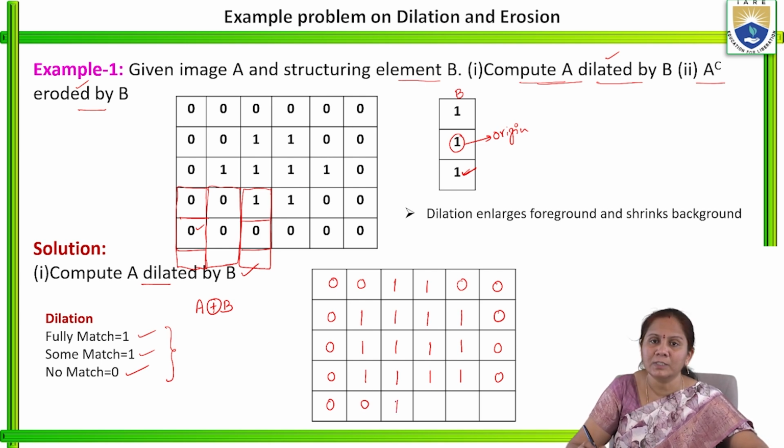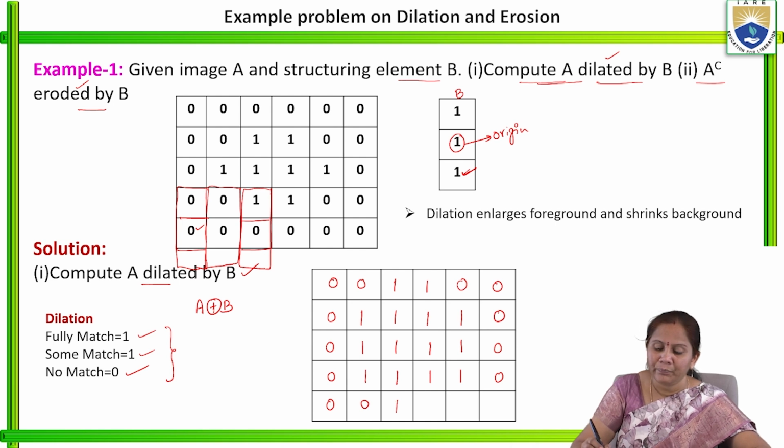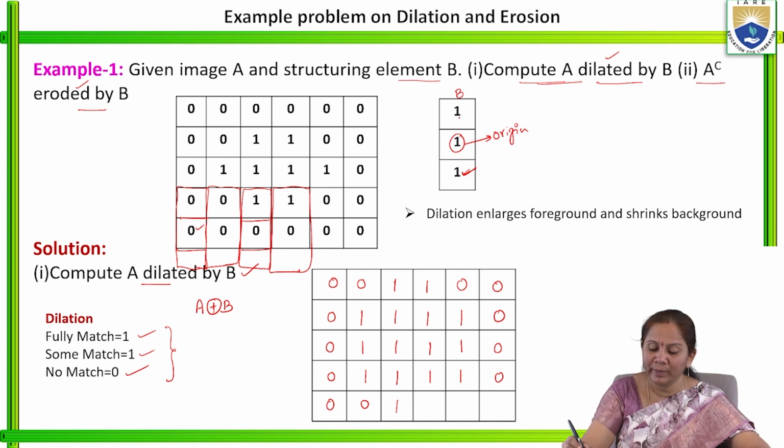So we have to place this value as 1. And here 1 0, this 0 will become the center pixel, and here 1 is there, matching with the element of B. So partial match is there. We have to keep 1 here.